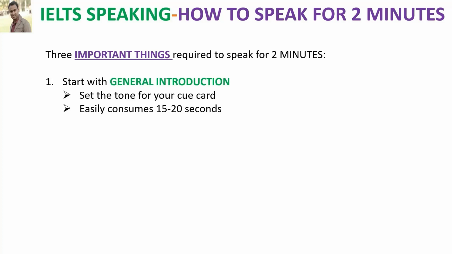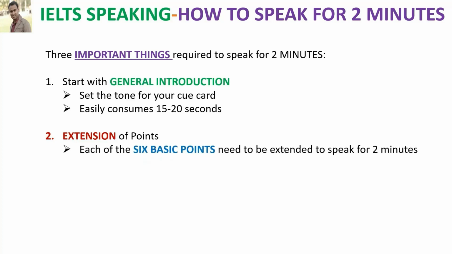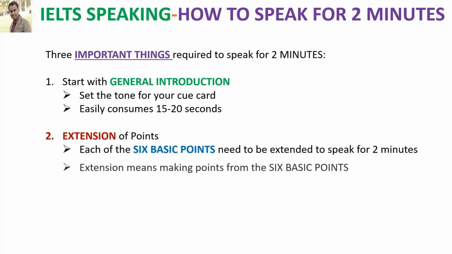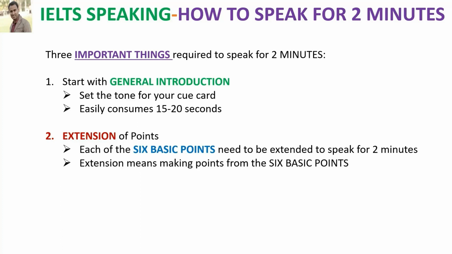Then you have to learn to extend your 6 basic points. If you simply speak 1 or 2 lines on your 6 basic points, then you will not be able to speak for 2 minutes, so learning to extend these points is really important.